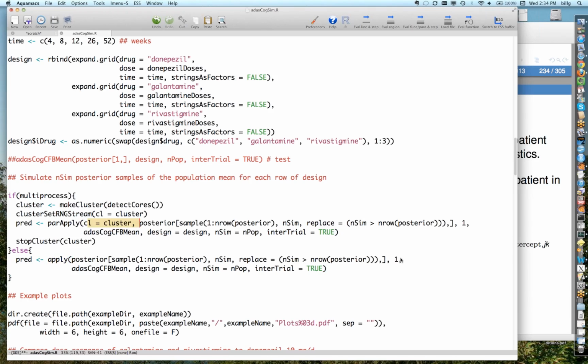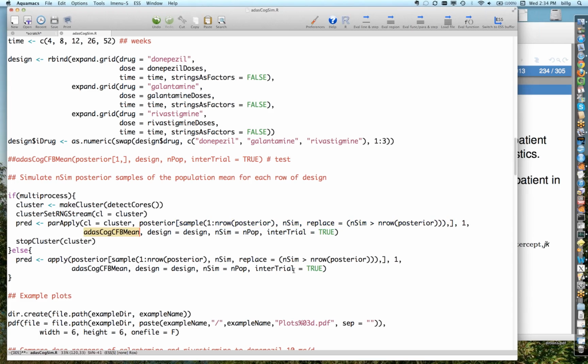So that's just going to go over nsim, where it's going to grab nsim rows of that posterior matrix. So that's all this is, a matrix made up of nsim rows of that matrix.